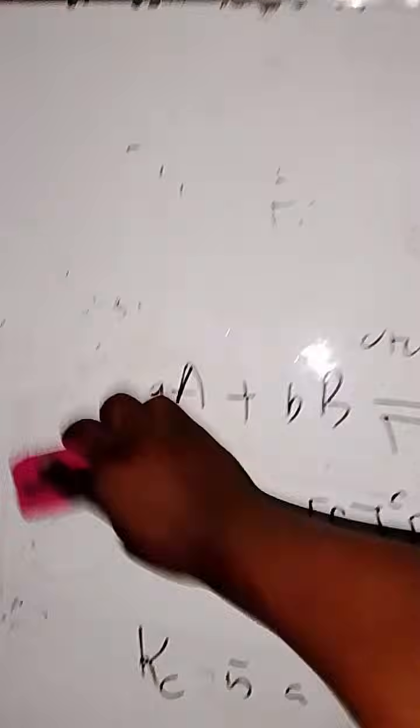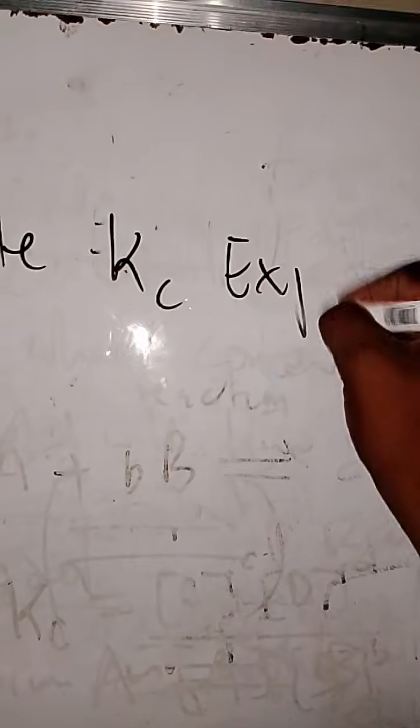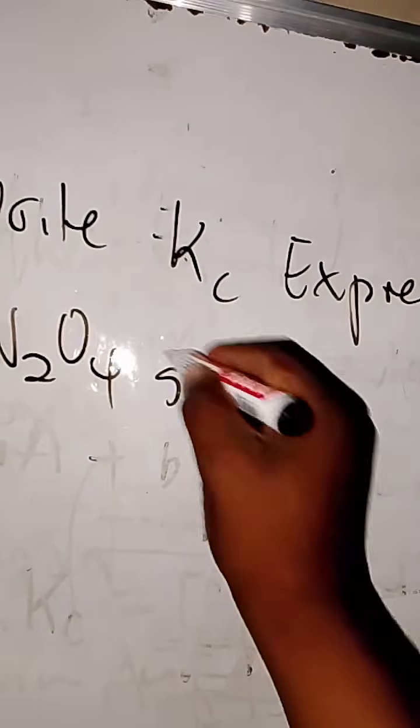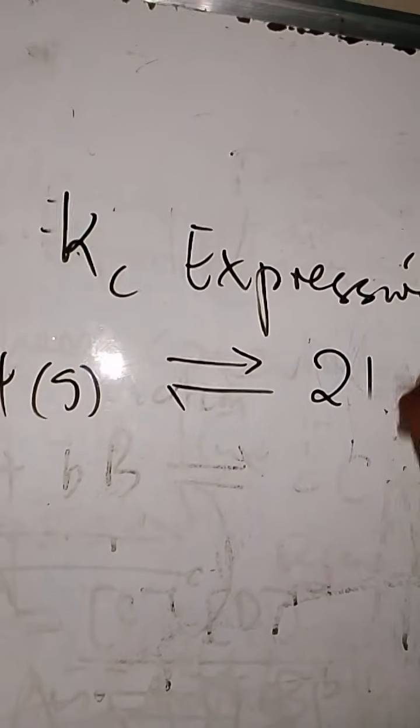So let's have an example. Write the Kc expression for the following reactions. A, we have N2O4 forming 2NO2.